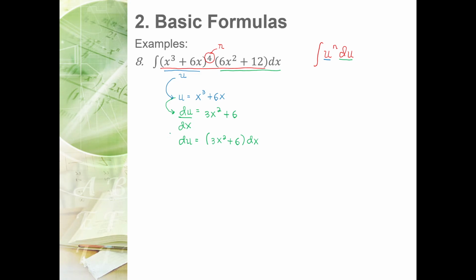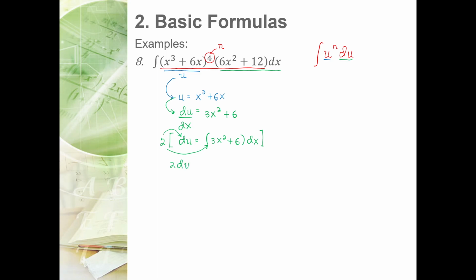So you lack 2 for us to achieve the 6x squared plus 12 term. So what will happen next is we multiply everything by 2.